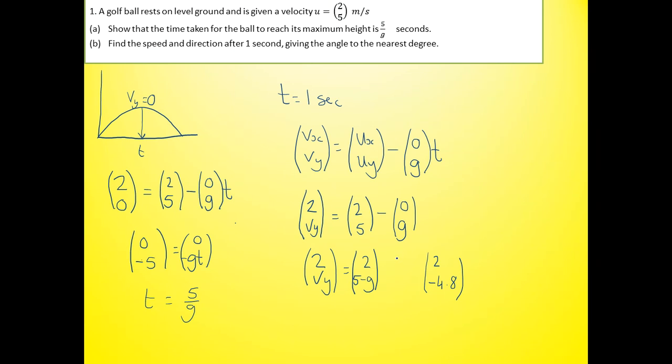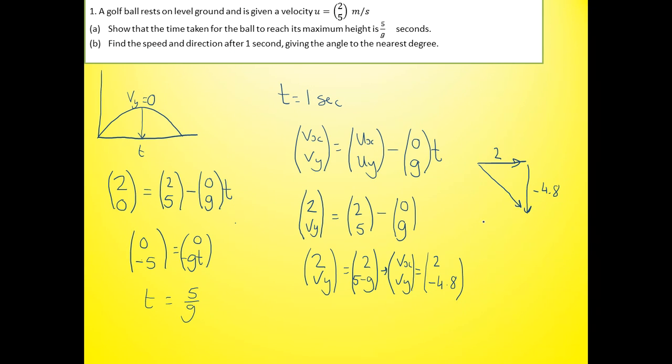So that is our Vx, Vy. So we end up getting 2 and minus 4.8. Now that's a vector, and we're wanting our resultant speed.